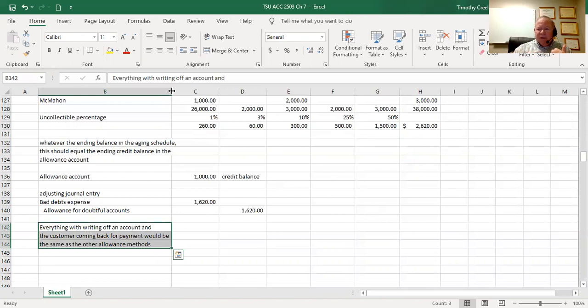The only difference between the percentage of sales, the percentage of accounts receivable, and the aging schedule method is how you handle the initial adjusting entry to recognize bad debt expense and to record the allowance for doubtful accounts for what we feel like we're not going to collect. That's the difference between the methods.